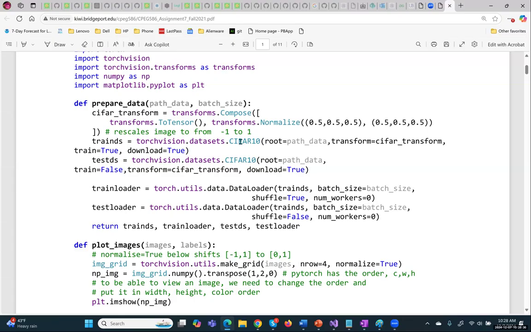But if it is our own images, then like I said, we'll read them from the directory where the images are stored, put them in an array of tensors or multidimensional tensors, and store them in the dataset, right?